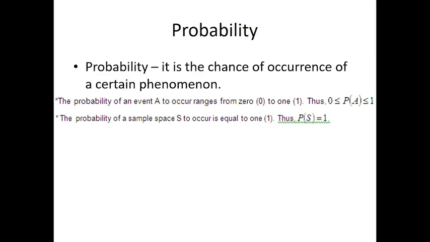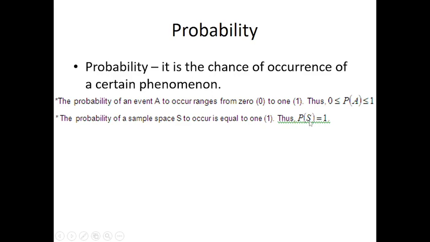So, ibig sabihin nun, nalista na lahat. Ano ang probability na mangyayari yung event S, which is the sample space? Okay? So, ano yung probability na mangyayari yung S, or sa sample space?